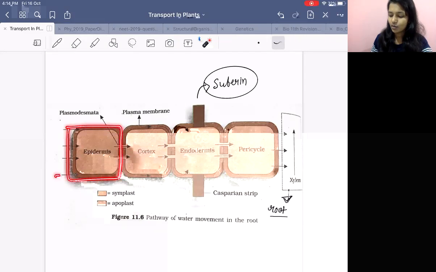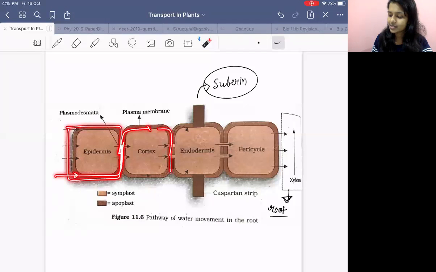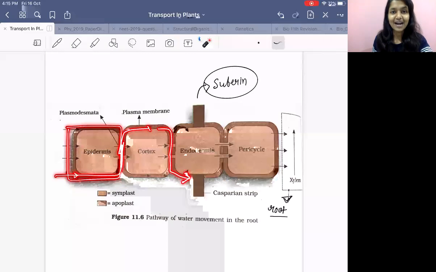Water will enter easily into the cell wall, intercellular space, cell wall. What is this? Dead part of the cells. If the movement is happening across the dead part, it is apoplast.